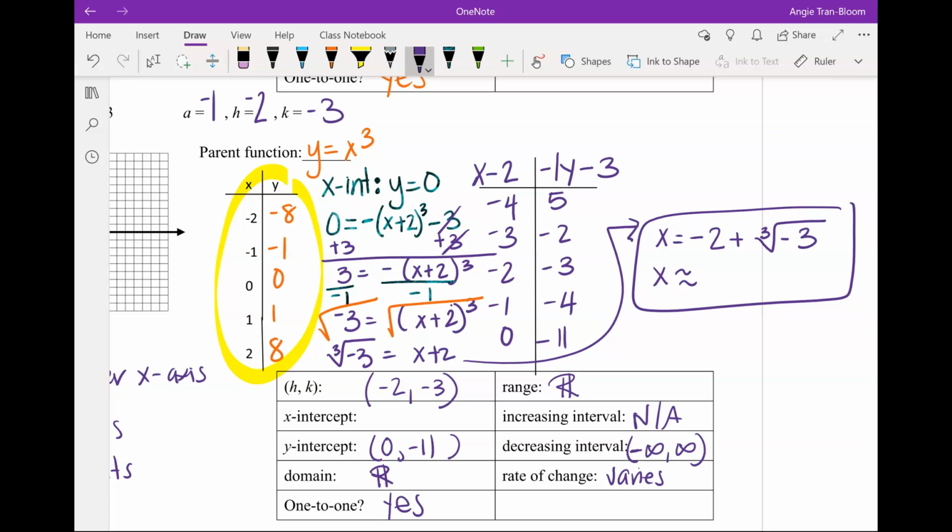Decrease and increase, you always go left to right. Look at not particular functions. Every dot you move to the right, is the y increasing? That means is it getting higher and higher, or is the y getting lower and lower? Right. So that means that function is not increasing. Okay, practice your calculator skill.